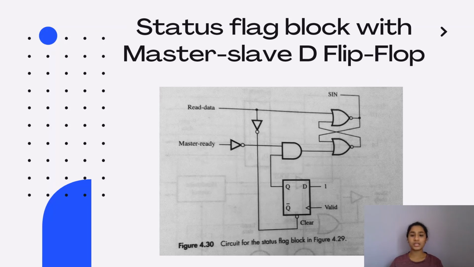Whenever the master slave D flip-flop is set to 1, it changes the state of the NOR latch, which changes the state of SN. Then SN will be set to 1.